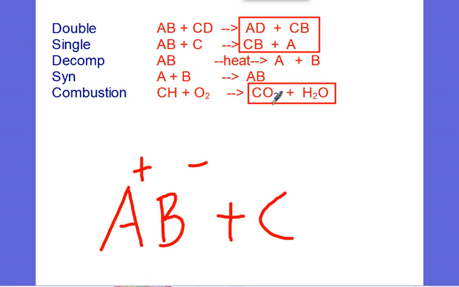You could have CO and water, or CO2 and water. And the big key was how much oxygen was present. If there was plenty of oxygen, or let's say an excess of oxygen, then you have 2 oxygens attached to the carbon. If there wasn't a lot of oxygen, if it was a limited supply of oxygen, then there was only 1 oxygen attached to the carbon, not 2.